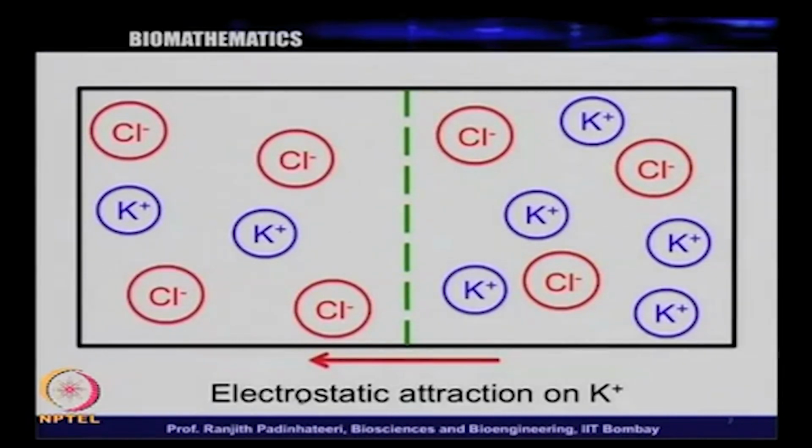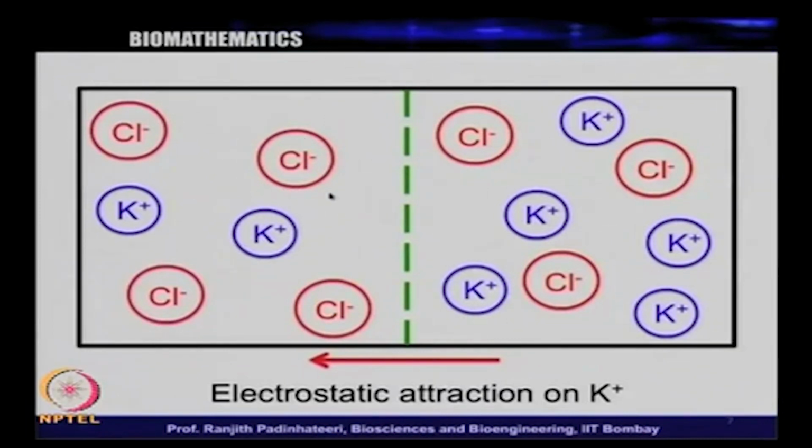So, there will be an electrostatic attraction on K plus, just because many K plus were flowing in this direction. So, the number of K plus increased here, the number of positive charges increased here, and therefore the number of negative charges increased here.